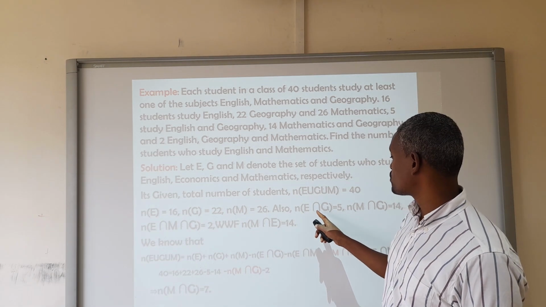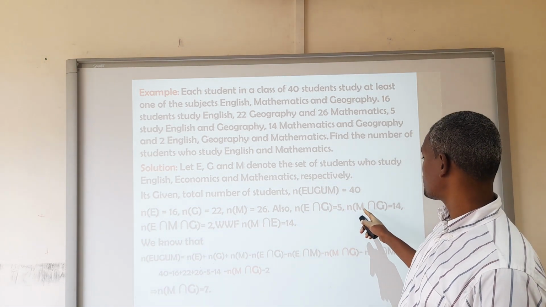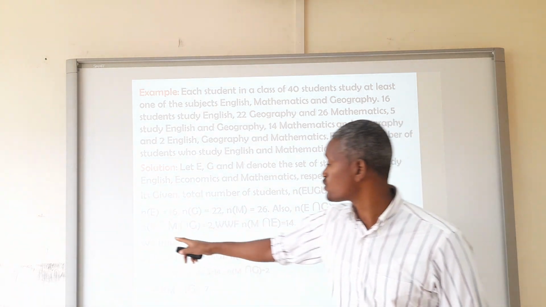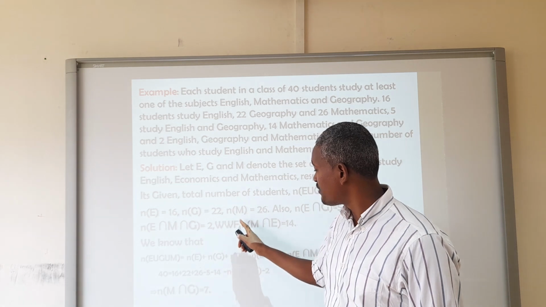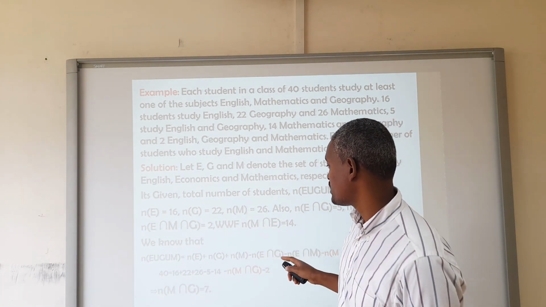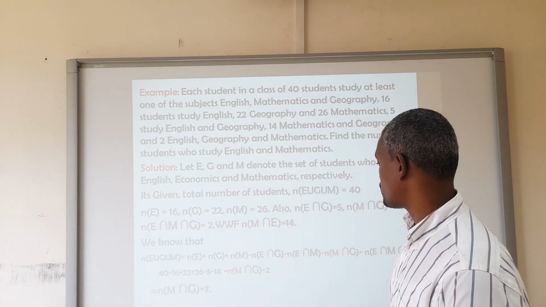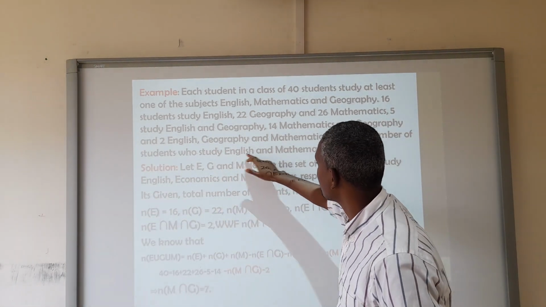Also, the number who learn both English and geography is 5. The number who learn maths and geography is 40. The number who learn all the subjects is 2. Our target is to find the number of students who learn maths and English, which is not given.